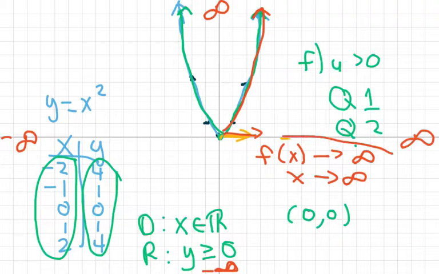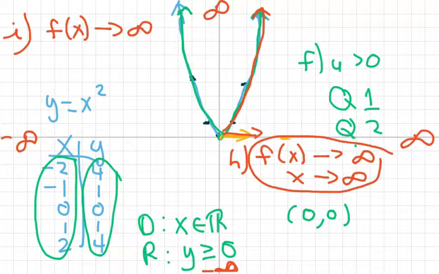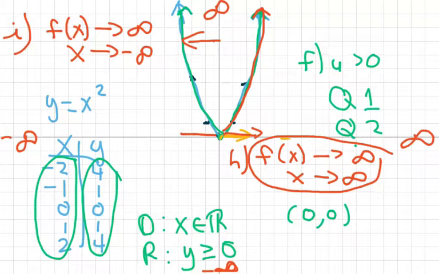That part is H. Now over here we have I, and f of x, which is y, also approaches infinity as x approaches -infinity. So as we go to -infinity, y goes to infinity. That's what you're talking about there.